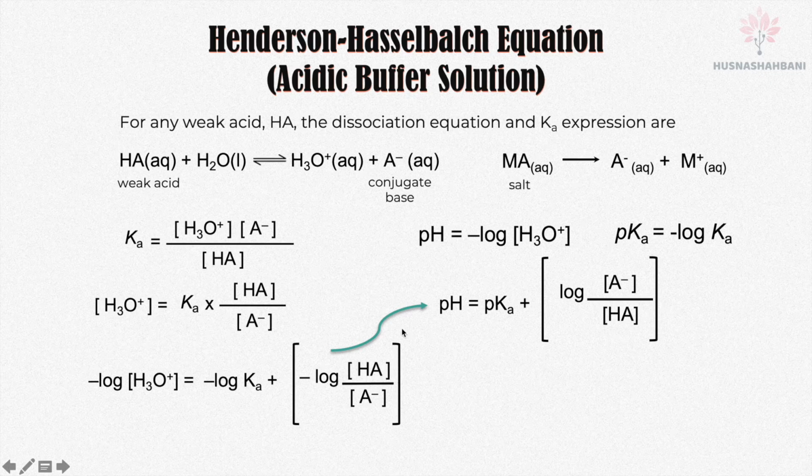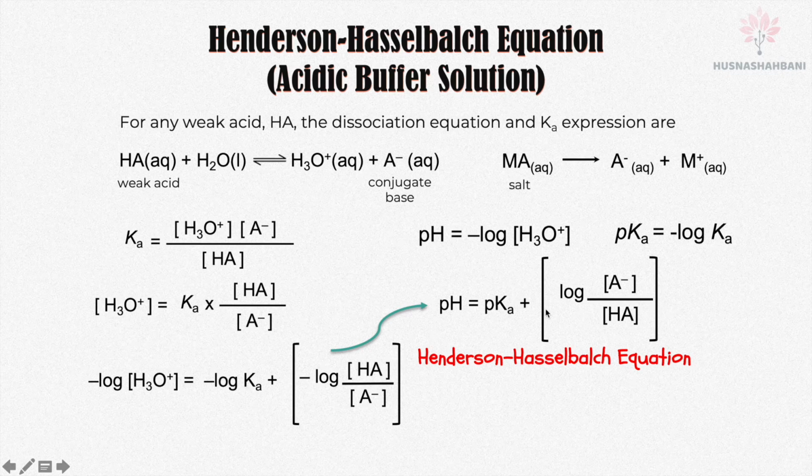So from here, pH equals pKa plus log, because you want to cancel out this plus and this minus. So pH equals pKa plus log of A- concentration over HA concentration. This is the Henderson-Hasselbalch equation.